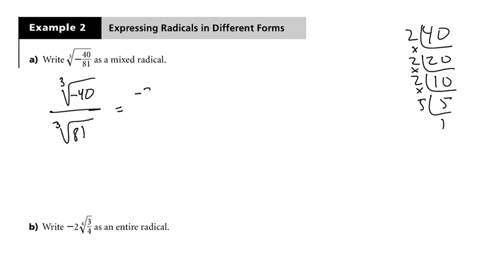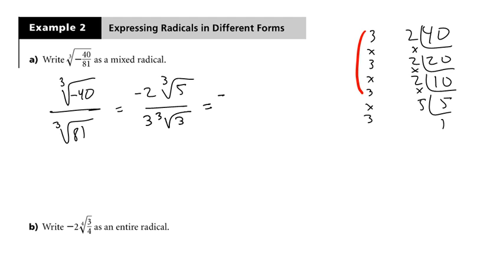So on the top I'll get negative 2 cubed root 5. And then 81, I know is 3 times itself 4 times. Because it's 9 times 9, or 3 times itself 4 times. So again, I need to use 3 of those to pull a 3 out, so that's going to be over 3 cubed root 3. And they may want that as negative 2/3 over the cubed root of 5 over 3.